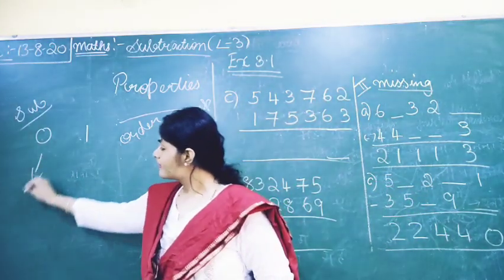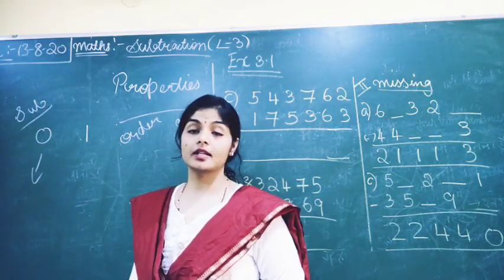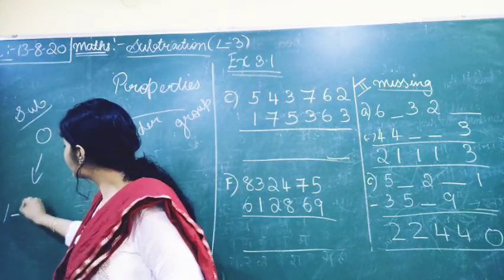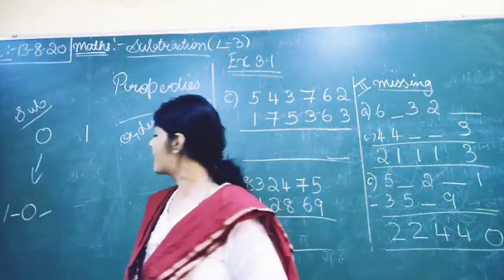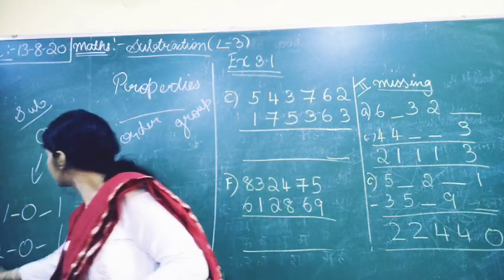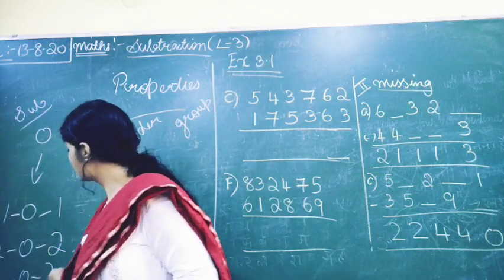Now, first one, 0. When you talk about 0, what comes in your mind? Anything minus 0, you get the same number. 1 minus 0 is 1. 2 minus 0 is 2. 3 minus 0 is 3. Got it?